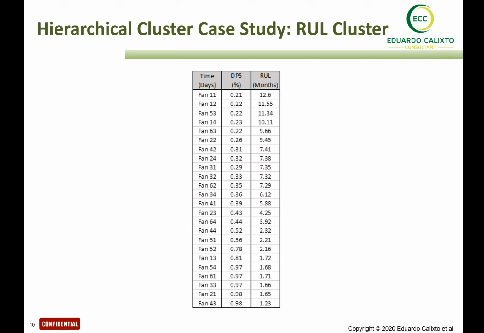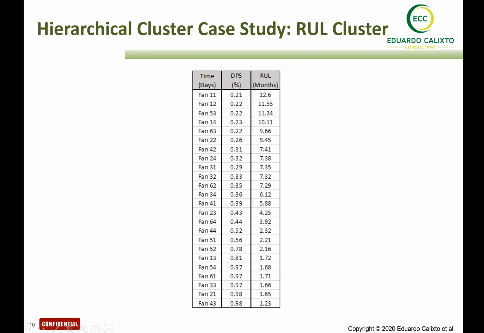If there is a vibration that influences the fan bearing, for example, and that is the case we are considering here, the fan bearing, we have the degradation progression and the remaining useful life for the different ones.